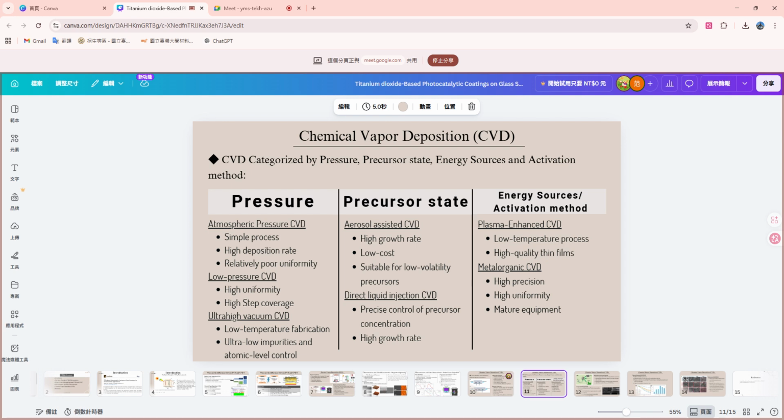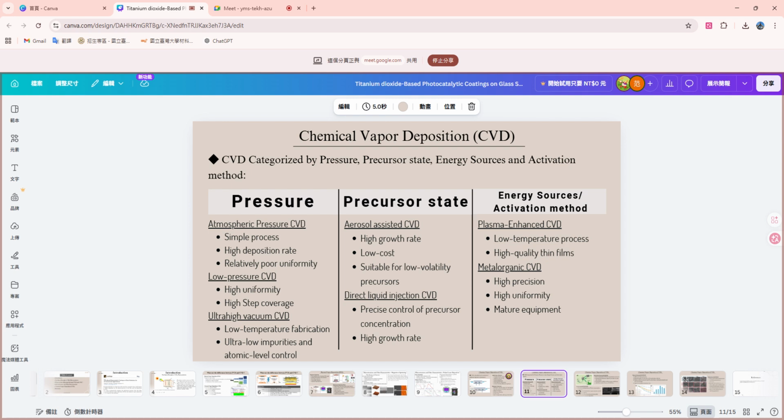PECVD technology enables growth in low temperature environments, making it suitable for temperature sensitive substrates. This is the primary reason why PECVD is so widely utilized in semiconductor manufacturing.